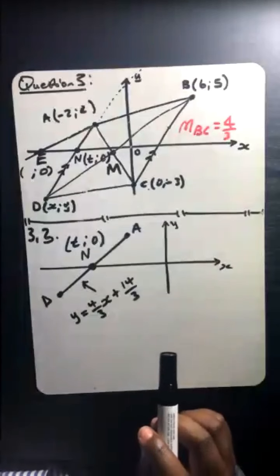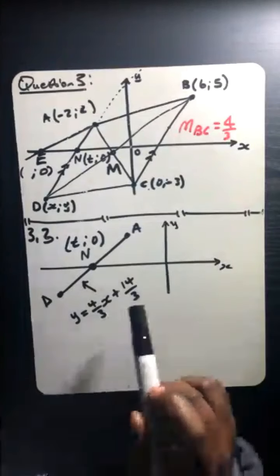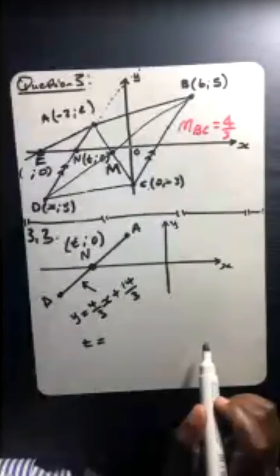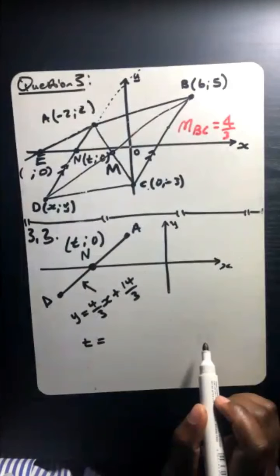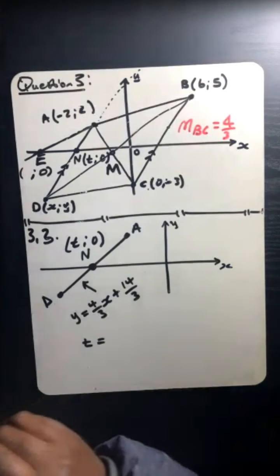I noticed Anita wanted to say something. So, what is the value of t? You said you got t. It was Anita that said that she had the answer, not me. Oh, okay. Anita, go for it.